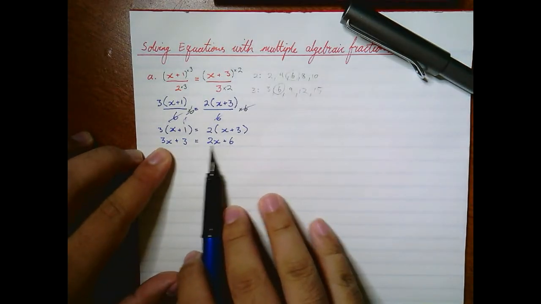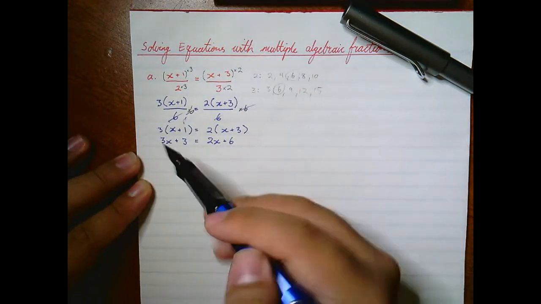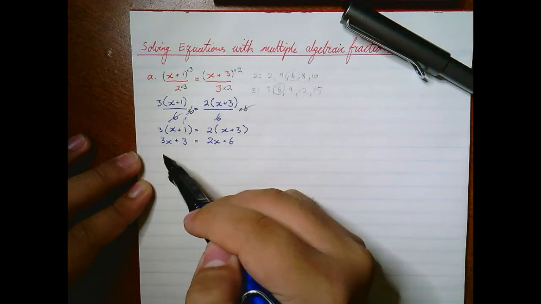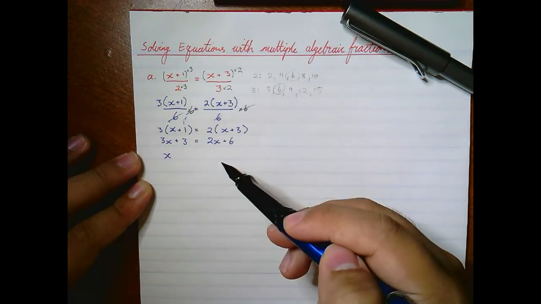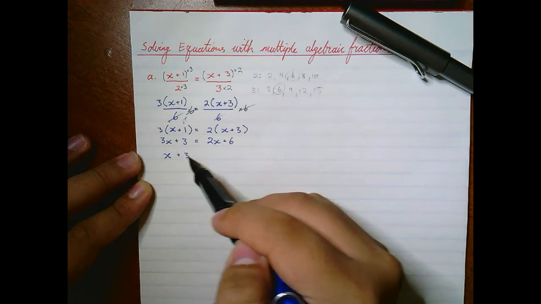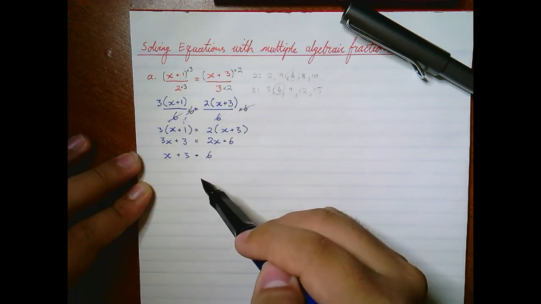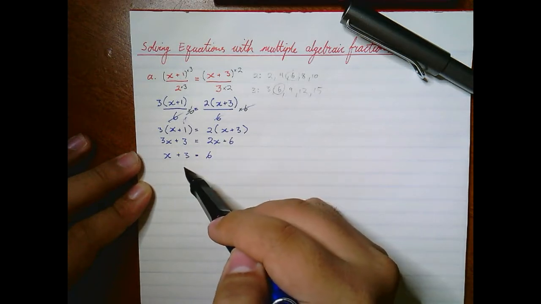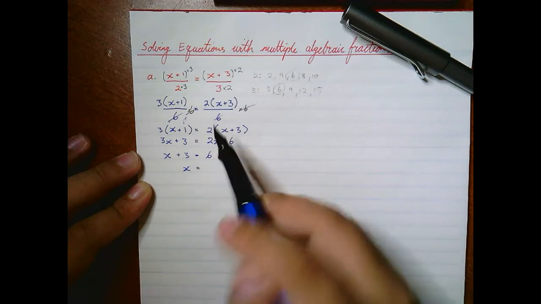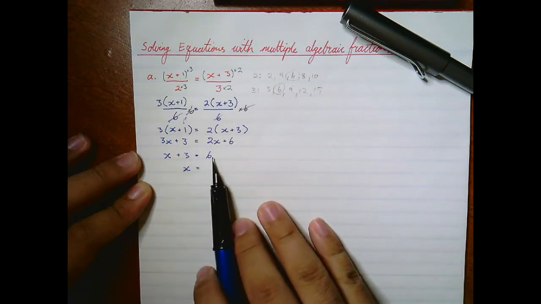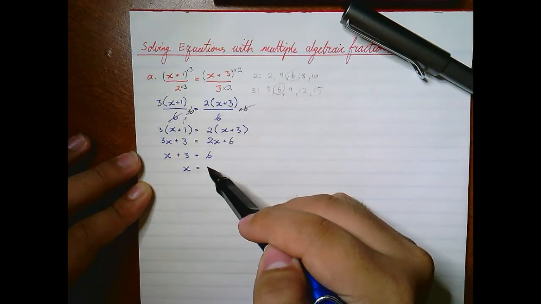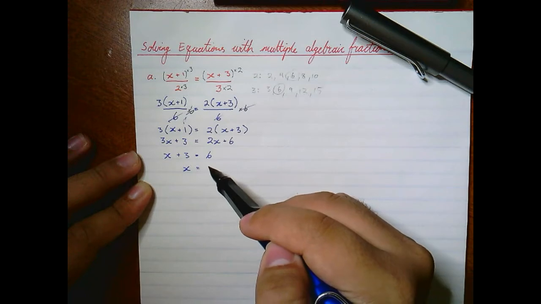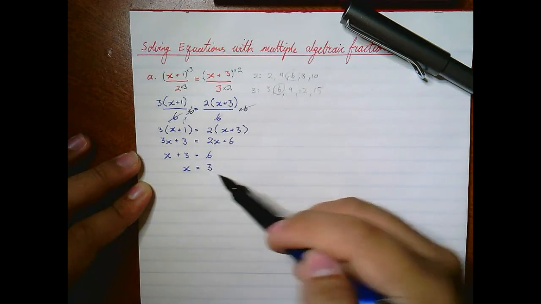Moving the 2x across to the other side, we get 3x minus 2x, which will give us x + 3 = 6. Moving this across, we get x is equal to 6 minus 3, which gives us 3.